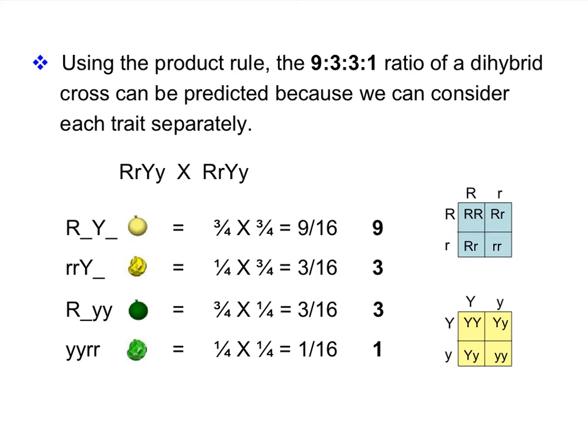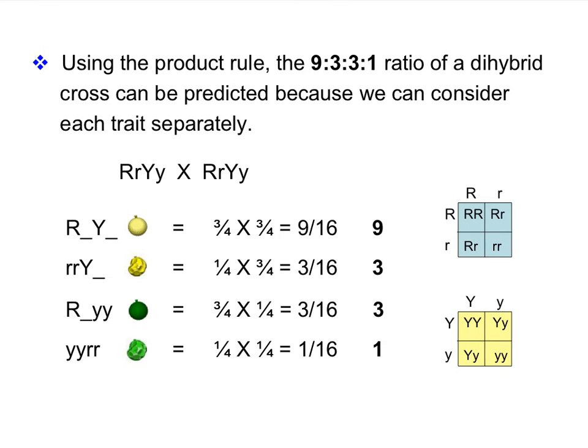So what I mean by that, let's take a look at these 2 small Punnett squares. If you independently made it a single hybrid cross, you see R, big R, big R. What are the chances of having big R blank? As we said before, 3 out of 4, right? What are the chances of having big Y blank?